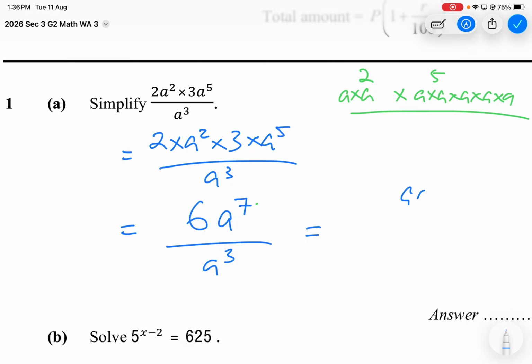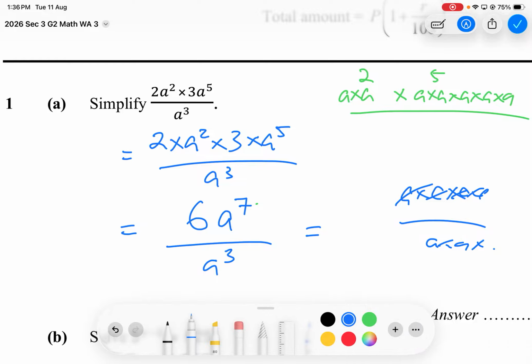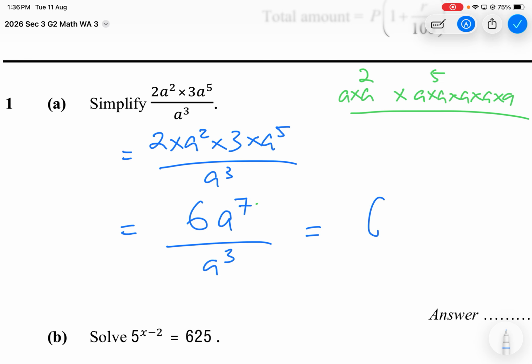Each of the a will cancel with the a. So if I have 3 at the bottom, 3 of them will cancel away 3 of the a from the top. So which is why in the end it is a subtraction of the power. 7 minus 3, so in the end I will have 6a to the power of 4. Okay?